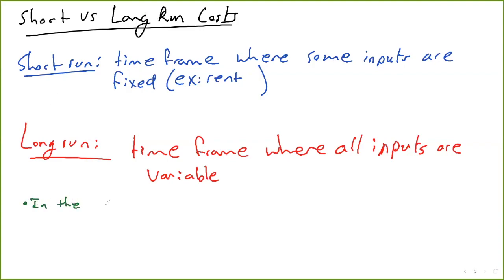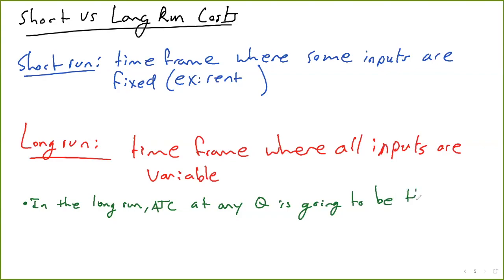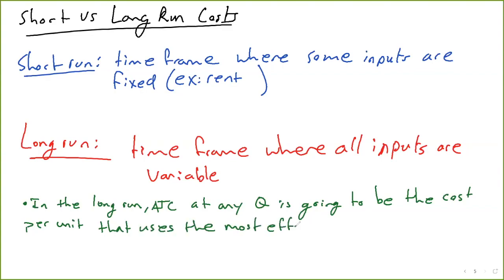So the reason we care about short versus long run costs is that in the long run, the average total cost at any given quantity is going to be a cost per unit that uses the most efficient mix of inputs. So I know that's confusing. So let's look at an example.